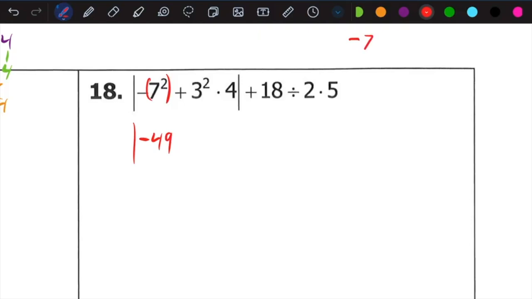For instance, it's like negative 7 times 7, or 7 times 7 and then making it negative, which would give us a negative 49. Now, a difference there would be if it was written as negative 7, all in parentheses, squared. Notice, in this one, the negative is in the parentheses.